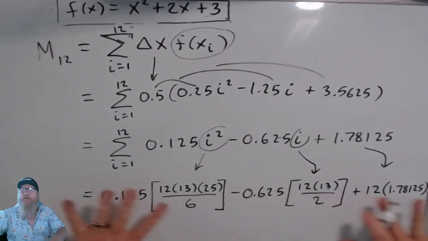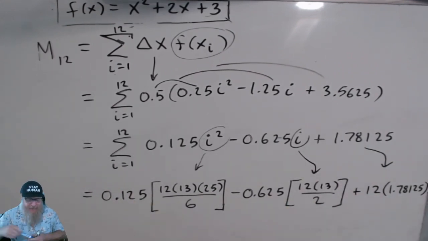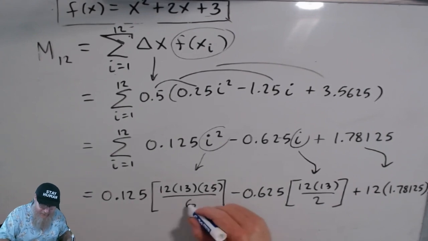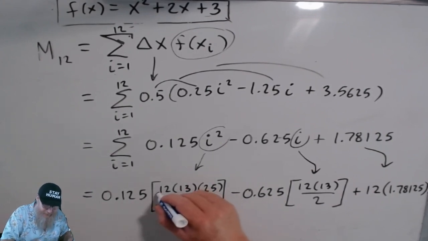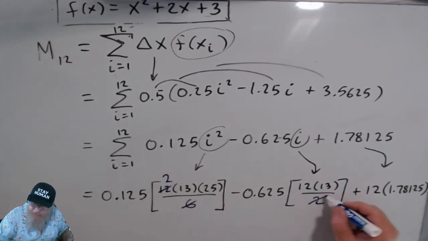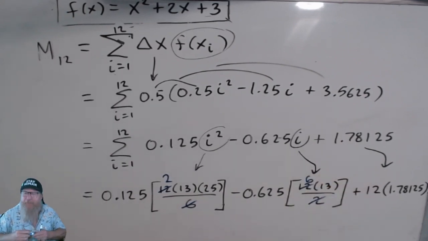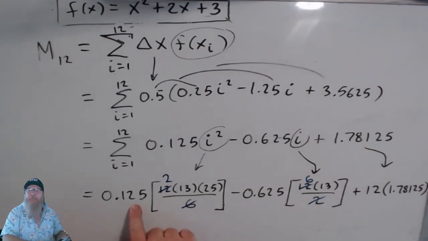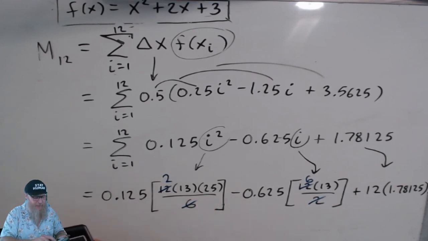And if you want to just put this all into your calculator now, you can. But as I've been doing this whole time, clean it up just a little bit. 6 goes into 12 twice, and 2 goes into 12 6 times. And now at least I don't have any division to do. I've done it all ahead of time, and now I just multiply. So I've got 0.125 times 2 times 13 times 25.